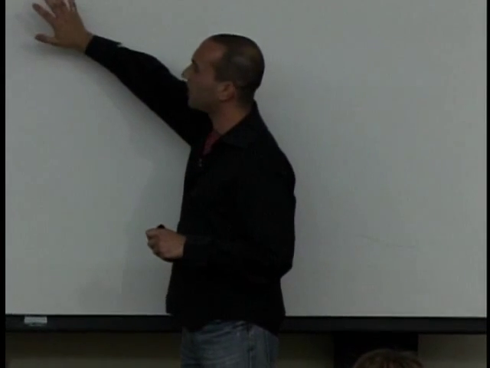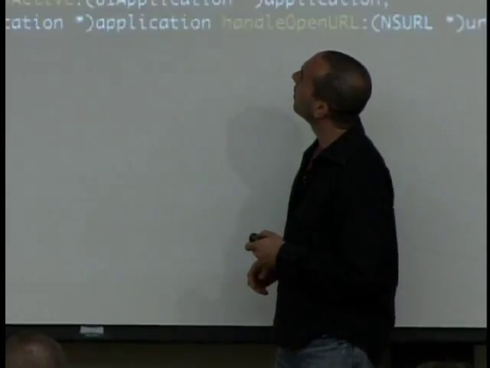So to make it a little clearer, I don't have a drawing board here, but I don't think the camera's going to catch it anyway. Let's say I've got object A. In this case, it's my UIApplication, and it needs to tell someone else about different events. So actually, let's look at the example. All right.